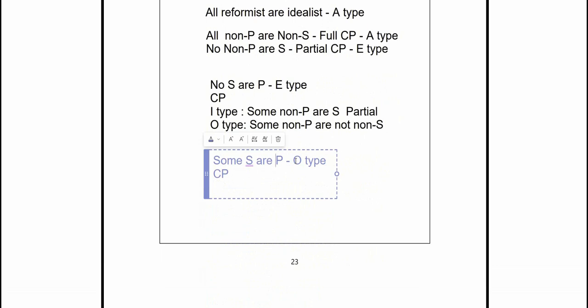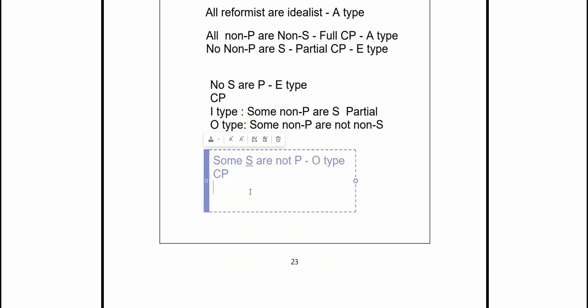The O type logical form is some S are not P. For the contrapositive of the O type, partial, with this diagram we can see it goes to the I type. We write the standard form first, some, and the subject has to be the predicate of the original.